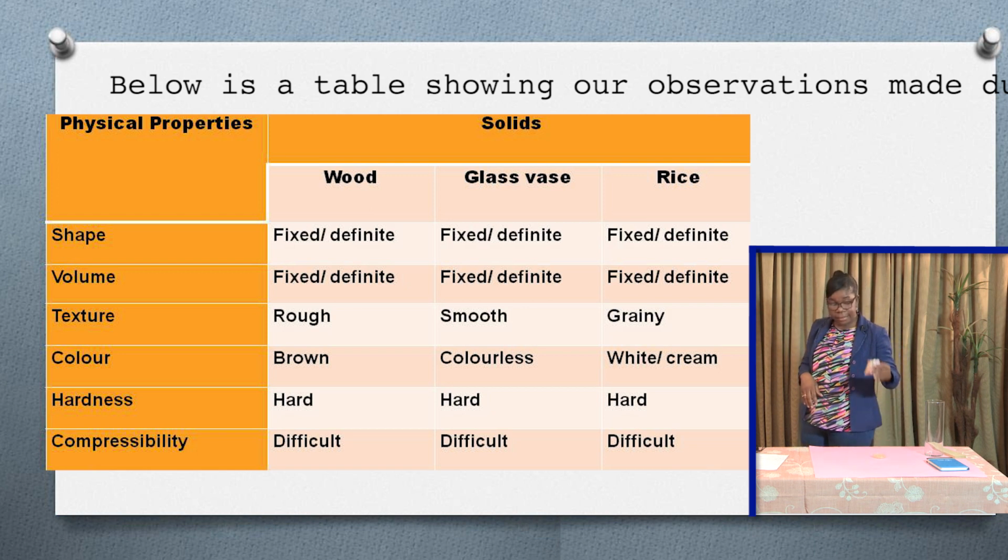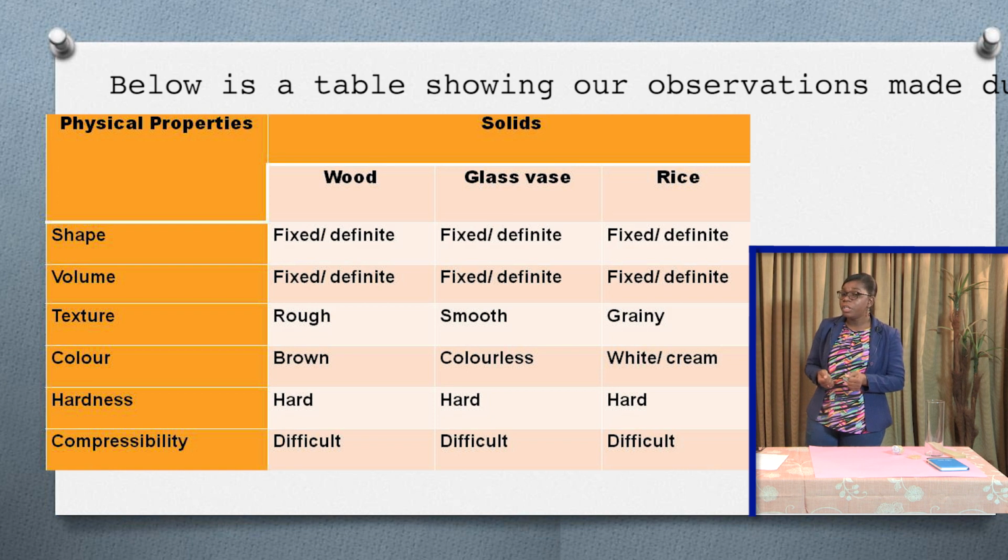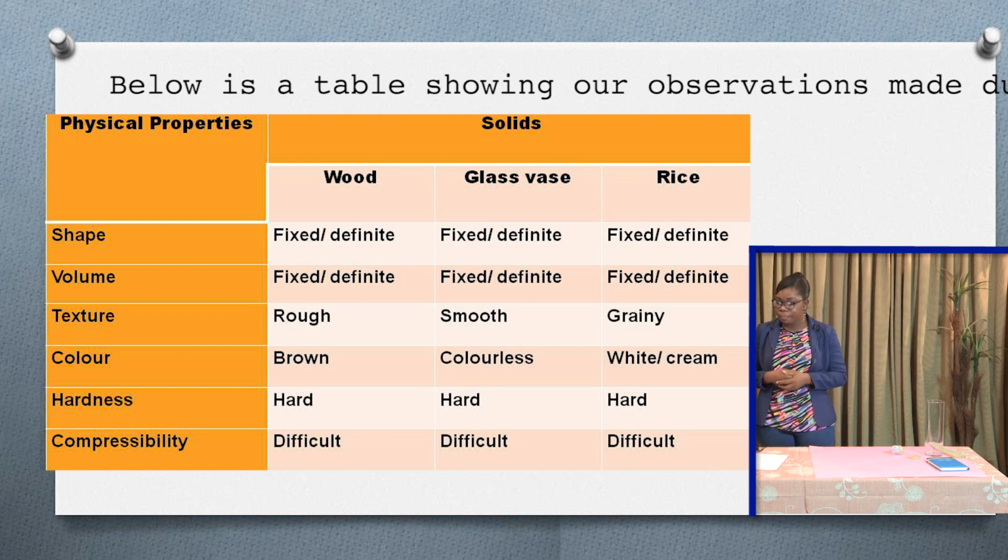The rice, good. They are grains. They have fixed shape, fixed volume, a smoothish texture, cream in color, hard and difficult to compress.